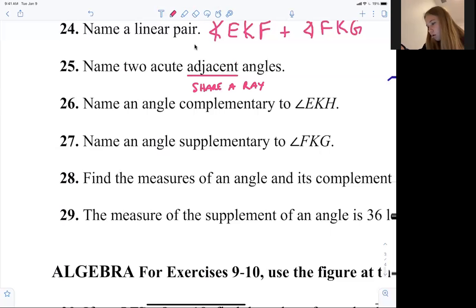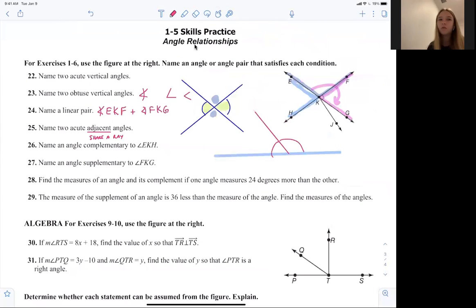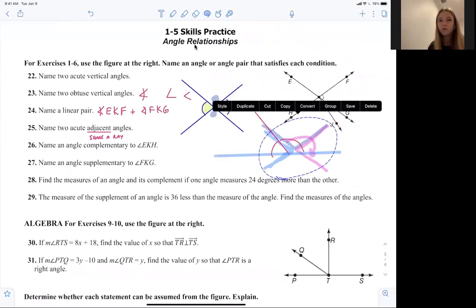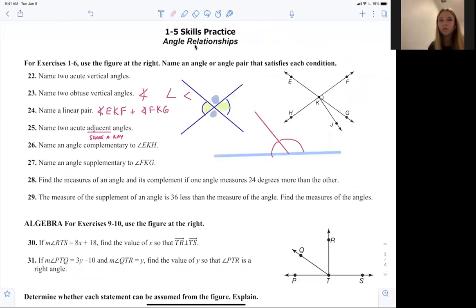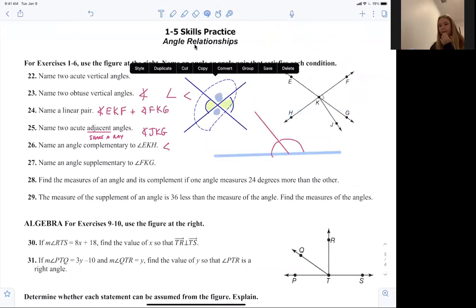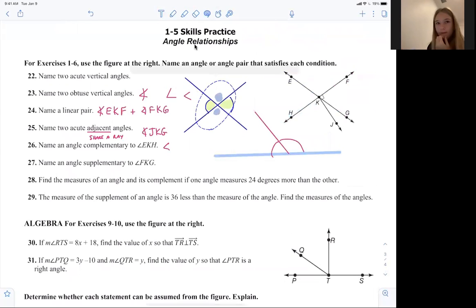So I need two angles that are acute, that are right next to each other. Tell me, James. JKG. Hold on, let me erase that picture real quick. Go ahead. Angle JKG. JKG and GKF.